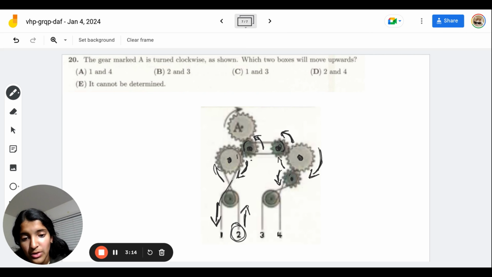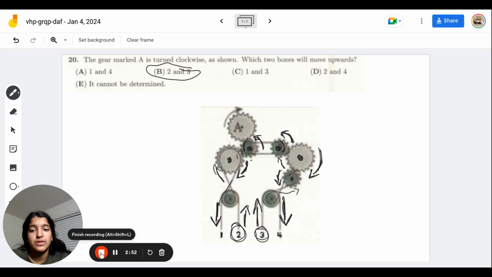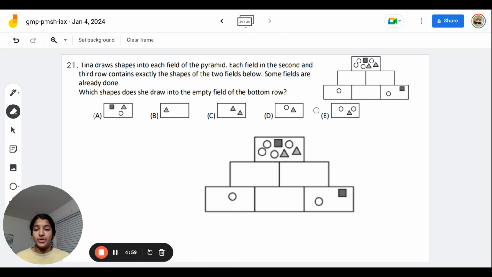So if you follow the movement, we can see that 4 would start going down, and then also following the movement this way going up, we see that 3 goes up. So 3 is another box that goes up. And as we look at our solutions, we see that B says that both boxes 2 and 3 will be moving upwards.